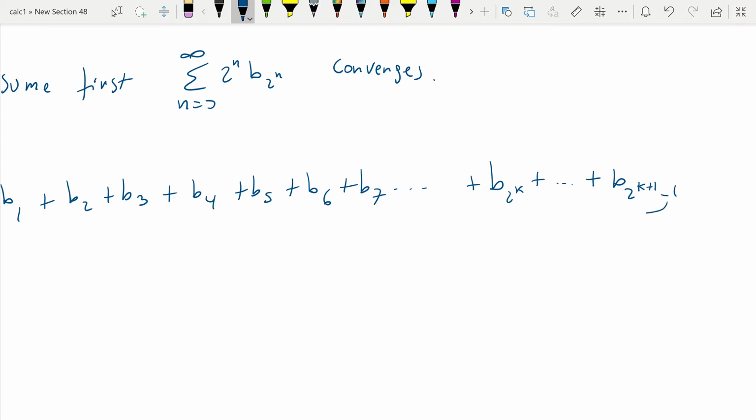The minus 1 is in the subscript here: 2 to the k plus 1, all of that minus 1.